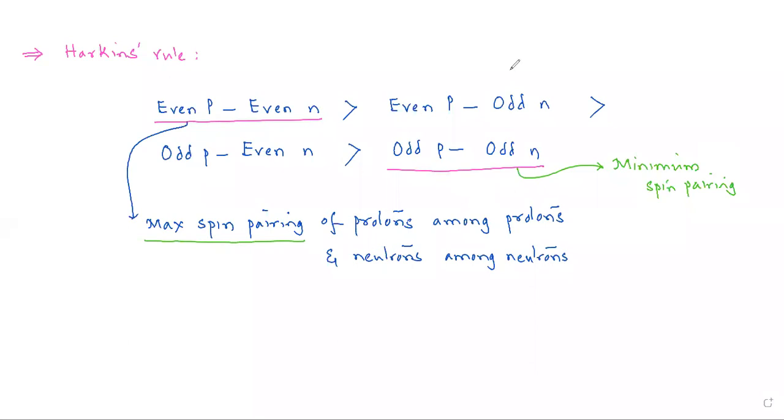This spin pairing actually gives maximum stability, as seen in the case of the stability of chromium in the topic atomic structure.